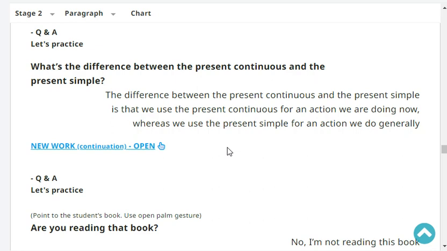The difference between the present continuous and the present simple is that we use the present continuous for an action we are doing now, whereas we use the present simple for an action we do generally. Very good.